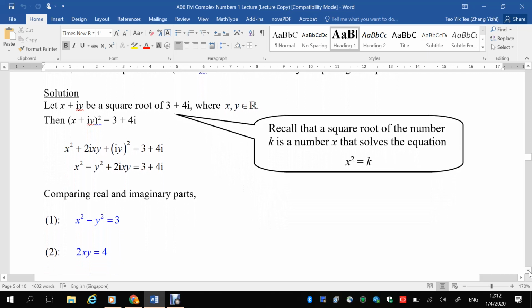After you do your basic comparison, real with the real, imaginary part with the imaginary part, you generate two simultaneous equations for you to solve. Can you get your x and y to come out from there?